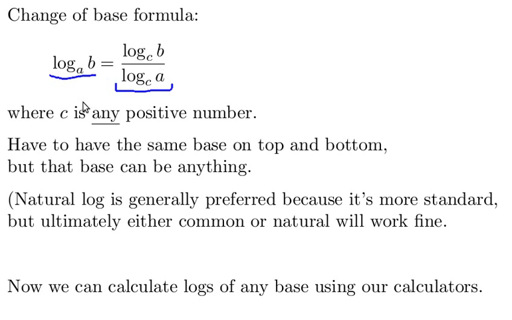Any log that we have, we can write as a fraction of two other completely different logs, as long as we have the same base on top that we have on the bottom. In this case, it's going to be C. It needs to be C everywhere.